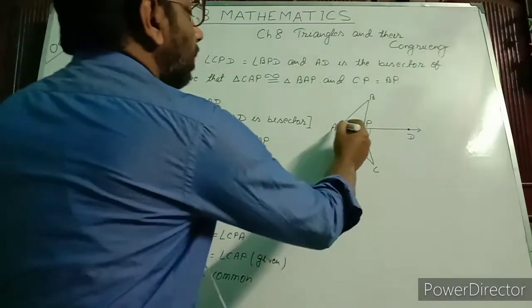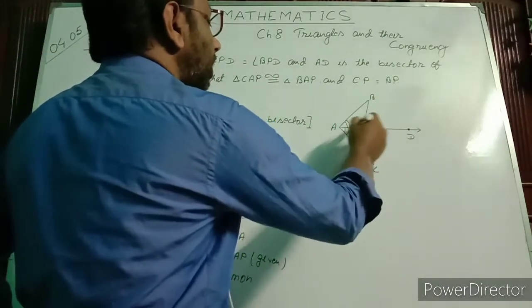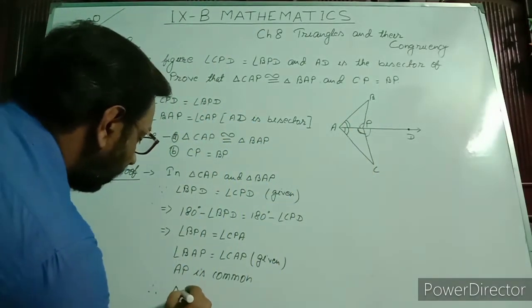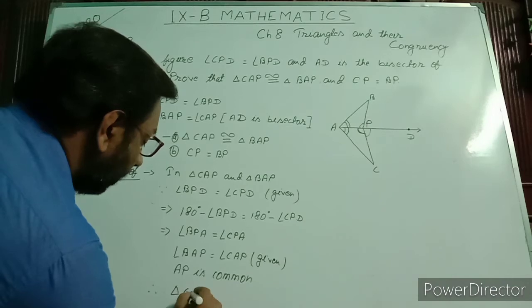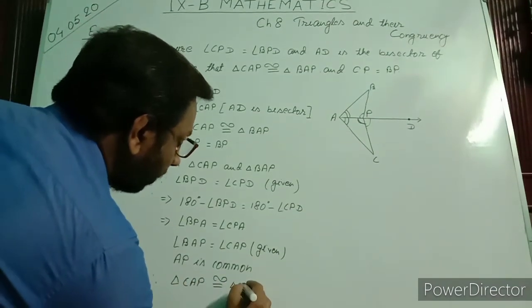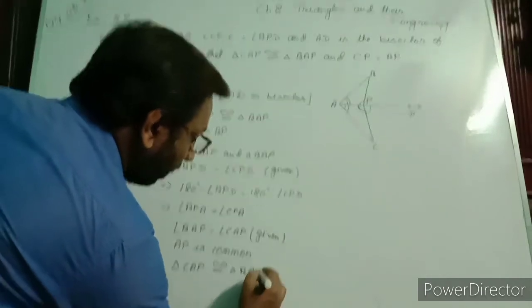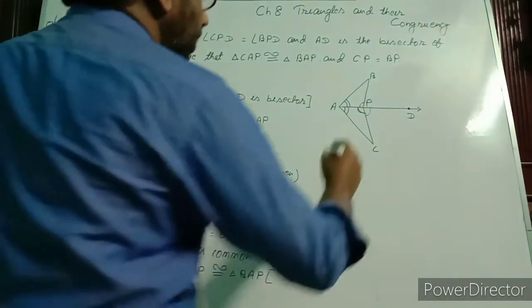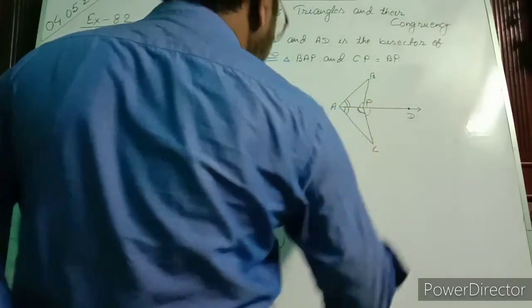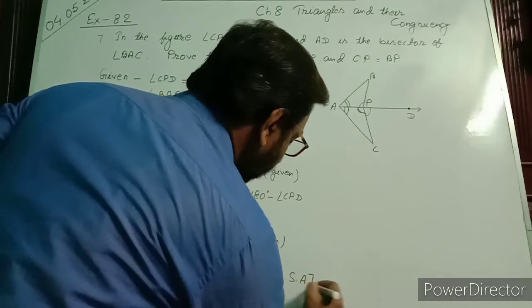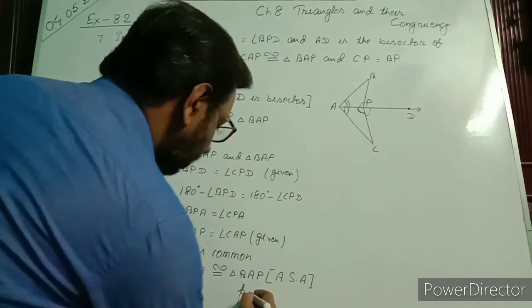It lies in triangle ABP as well as in triangle ACP. Therefore, triangle CAP is congruent to triangle BAP. In bracket, we write the rule, that is ASA. Right here, proved.